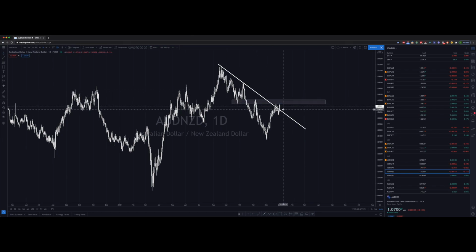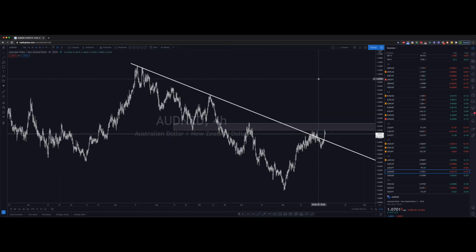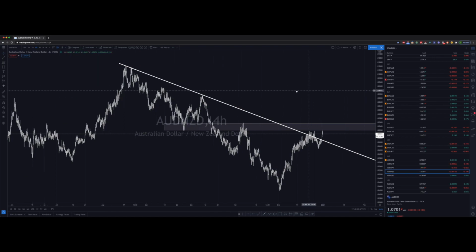Because of this impulsive break of the trend line here on the daily, I feel we might be seeing a push higher, because we're looking at buys on the other AUD pairs, right? So we might see a bullish AUD this week or in the weeks to come.